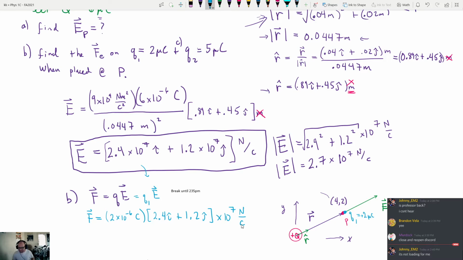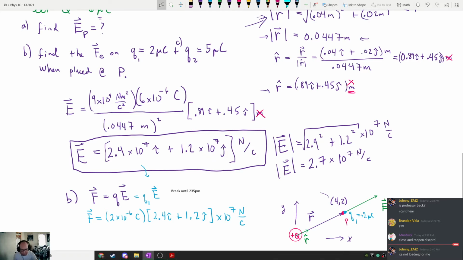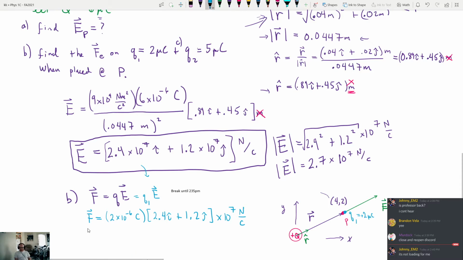You can see 10 to the negative 6 times 10 to the negative 7, we're going to get just positive 10. Oh, so we can actually do this without the calculator because it's 2 times 2.4, which is 4.8, plus 2 times 1.2, which is 2.4.